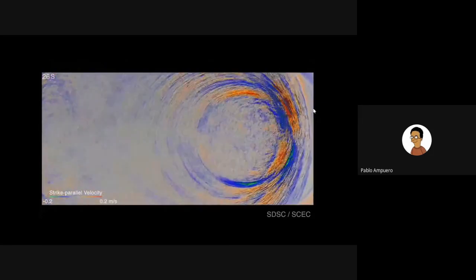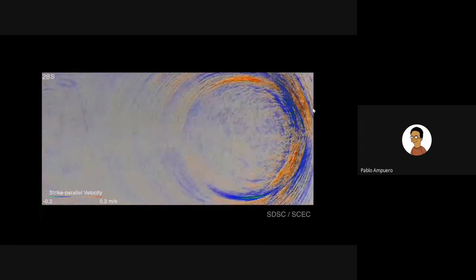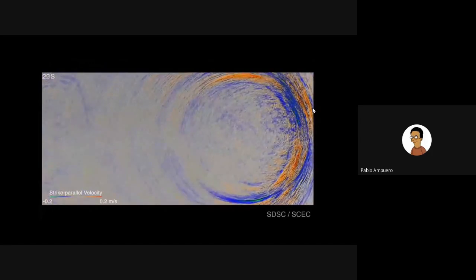And this radiates waves, and when we see it in map view, for example, here are the ground motions that are produced by the earthquake. That's our main observation that we have to understand earthquakes, but also what carries the damaging impact of earthquakes. And as you can see, there's complexity in this wave field because in this simulation there was roughness on the fault plane geometry and also roughness on the crustal structure that produces wave scattering.